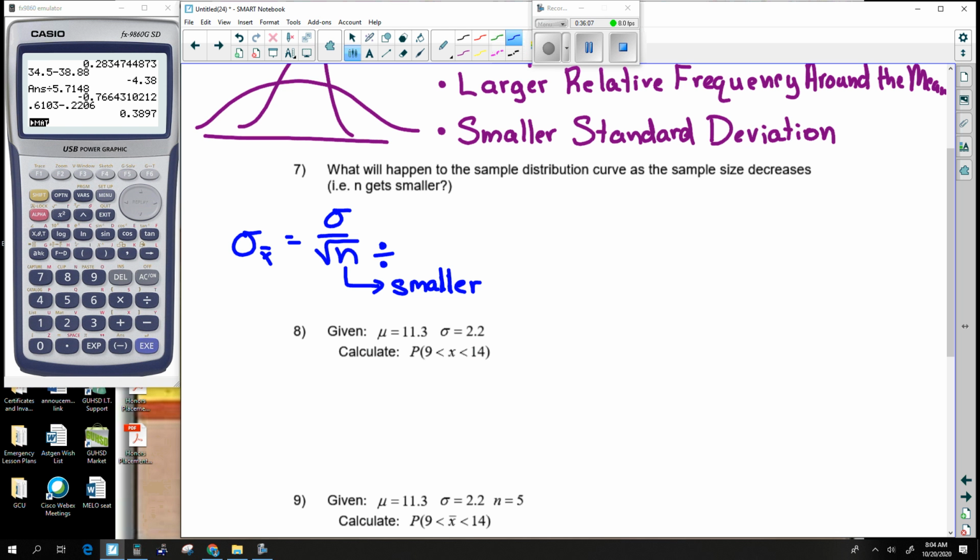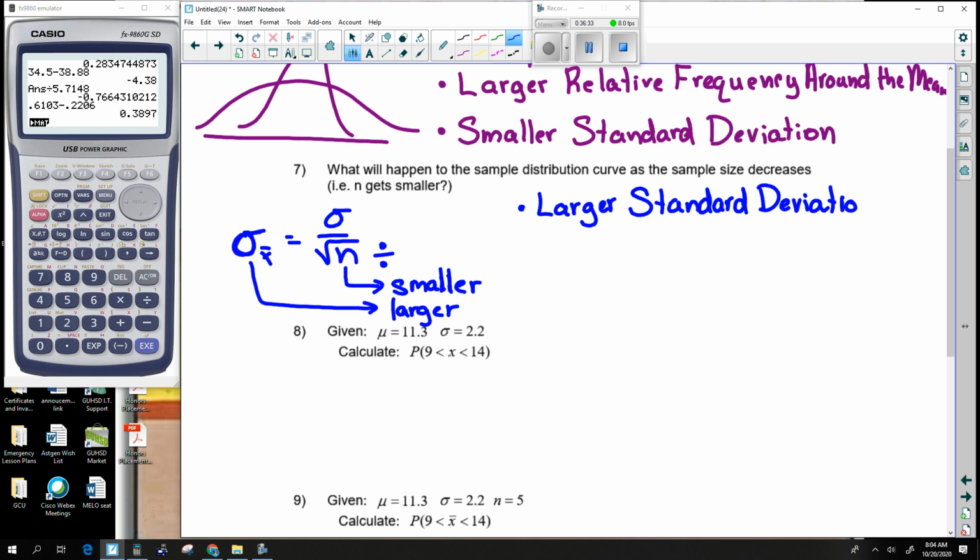So if I divide by a smaller number, my answer will get larger. You have to have this mathematics as part of your answer. So if the answer gets bigger, again, this answer is a standard deviation, so that means that we will get a larger standard deviation. And if that happens, that implies that we have a smaller relative frequency around the mean.